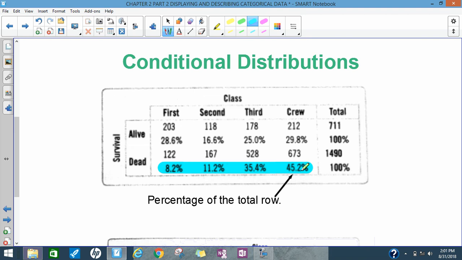So 45.2% of the people who died were crew members, and 35.4% were third class, second class 11.2, first class 8.2. So we see the distribution here of the people who died as it relates to their class. Similarly, here we have a conditional distribution of the people who lived as it pertains to their class.